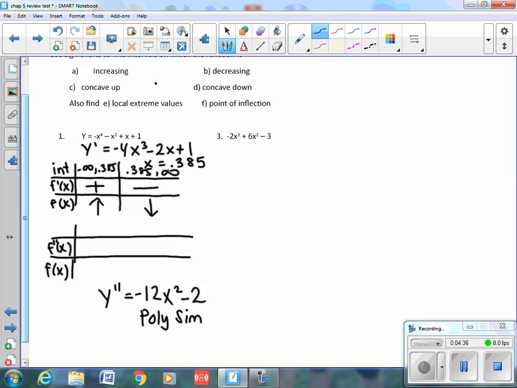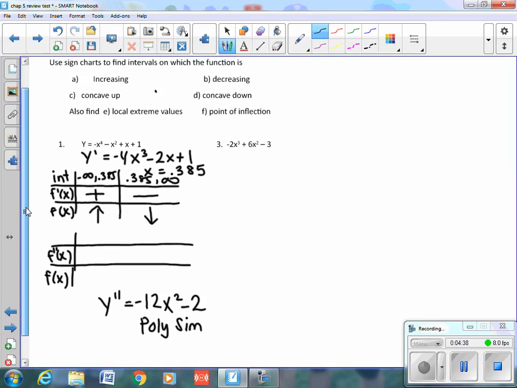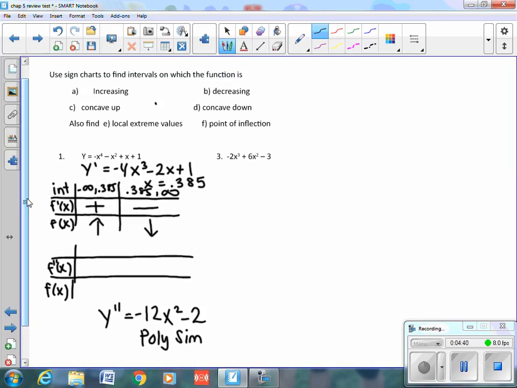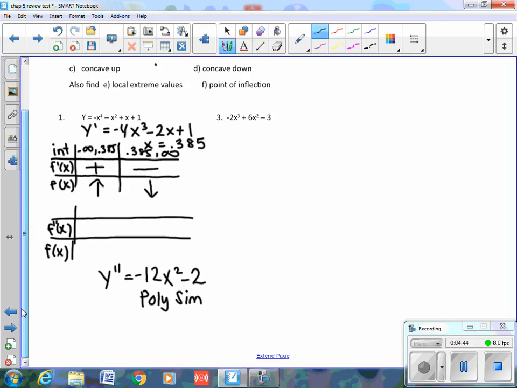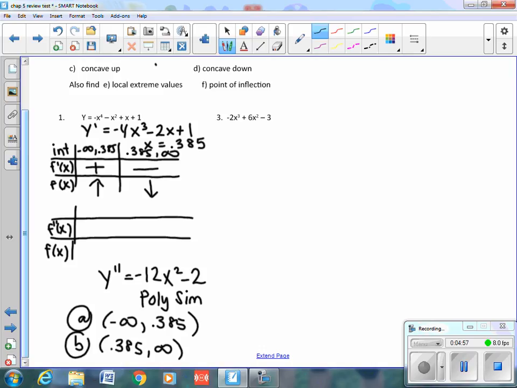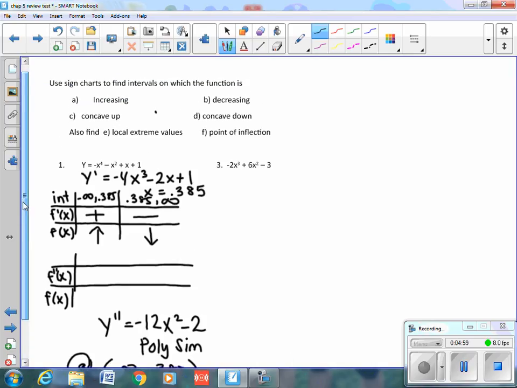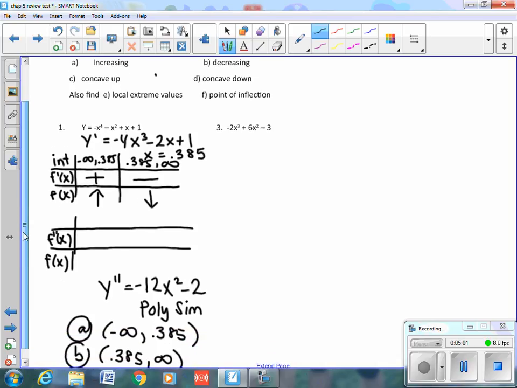So I am done. When I go up here and ask where it is increasing, I can say for A, it's increasing from negative infinity to 0.385. B, I can say it's decreasing from 0.385 to infinity. C, where's the concave up and concave down?